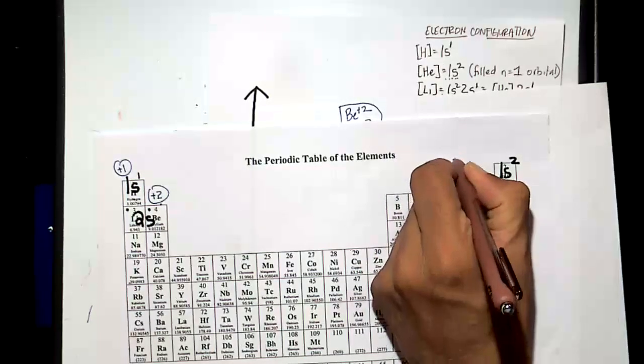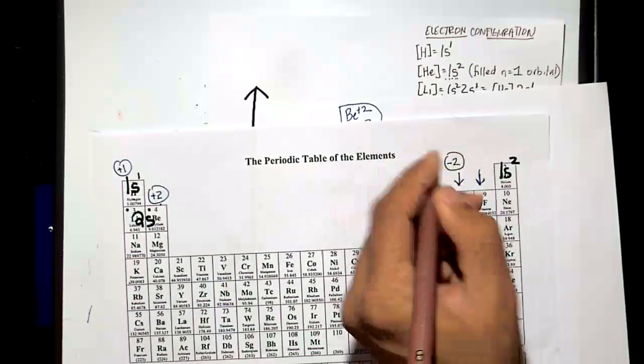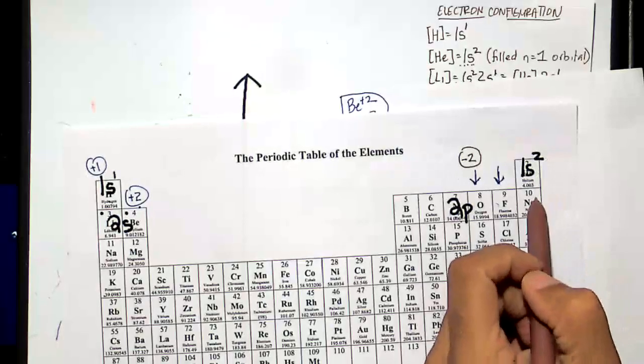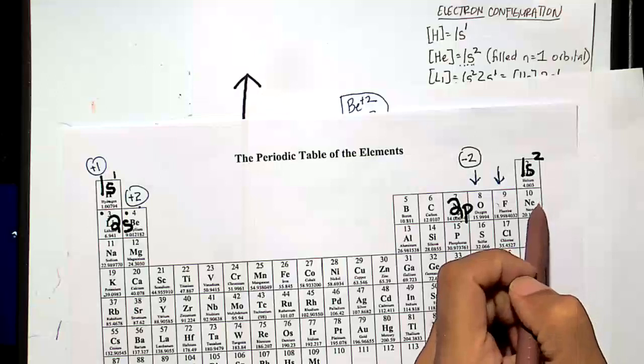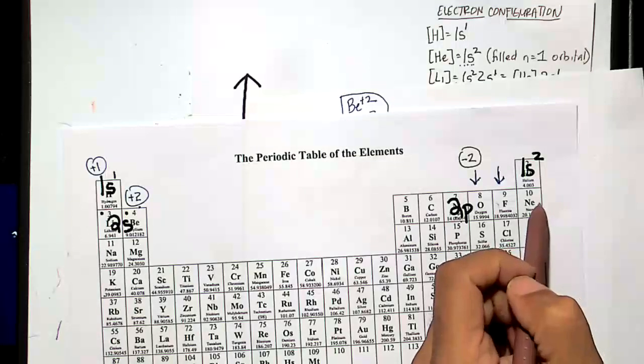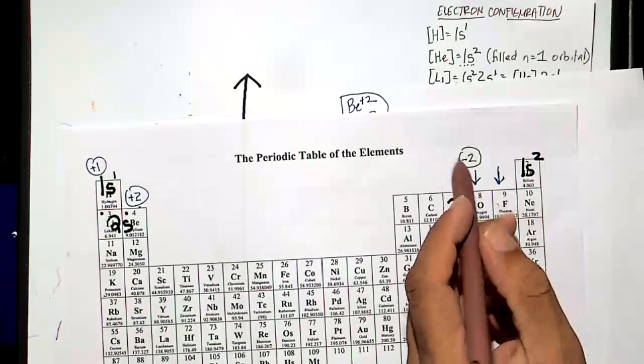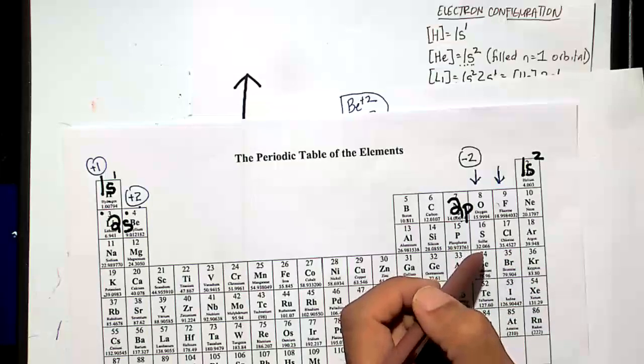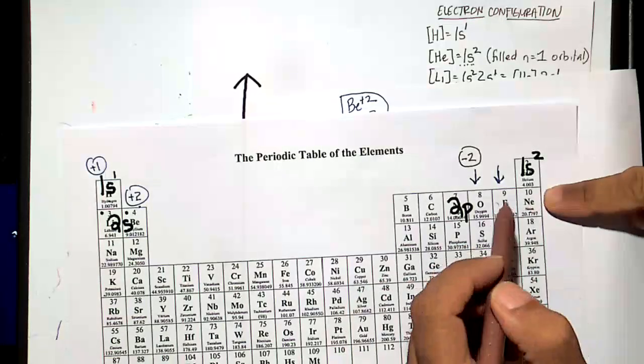So this is why oxygen, as the oxide ion, would like to be -2. If it gains 2 electrons, what will it become? The noble gas, yes. Very good. And specifically, that noble gas is neon. So this is why some of these elements like to be -2: if they gain 2 electrons, they become noble.